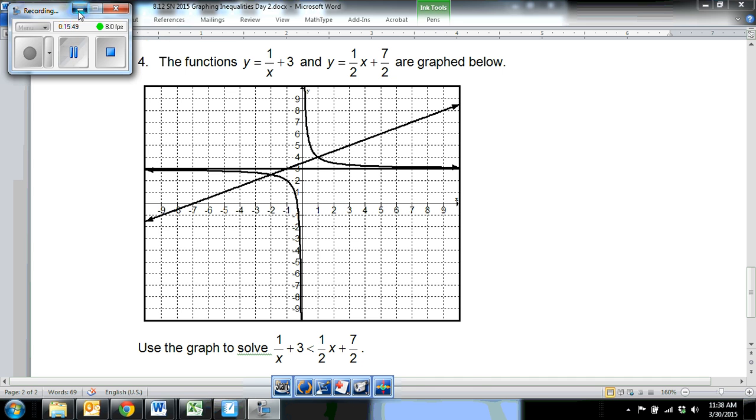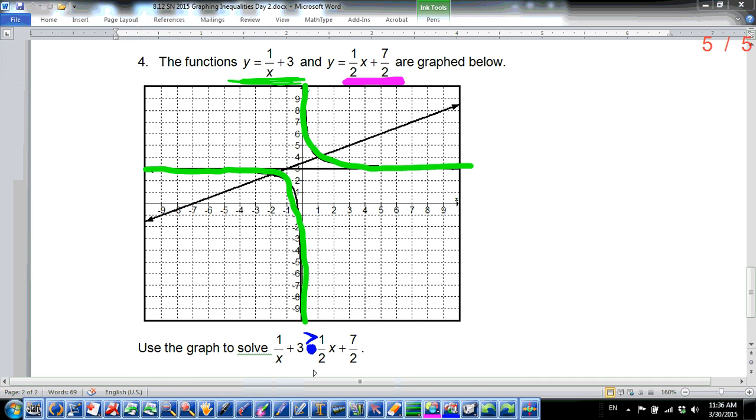All right, so since we know that 1/2 x plus 7/2 is not a horizontal line, it can't be that line. What does that line represent? Yeah, that's our horizontal asymptote of our rational function. So this diagonal line is what represents our linear function. Everyone okay with that part? All right, so we are looking for when the rational expression is what?